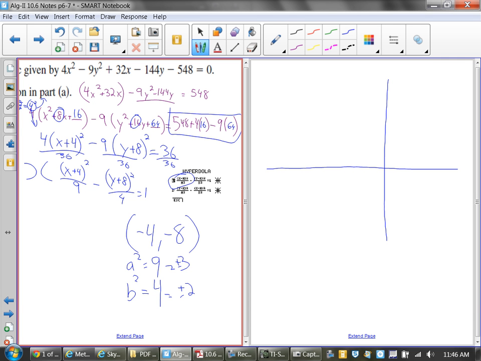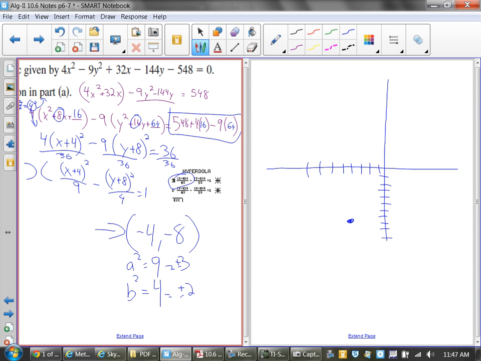So when you go to plot this, where do you think you're going to start? What is that middle point? The center. What is the center in this case? Go to negative 4, negative 8. Where did that come from? That negative 4, negative 8 came from our h and k.